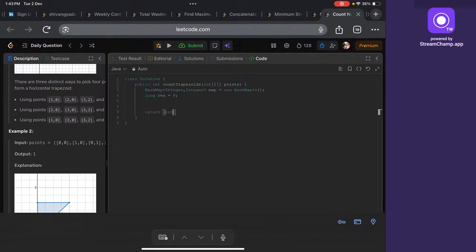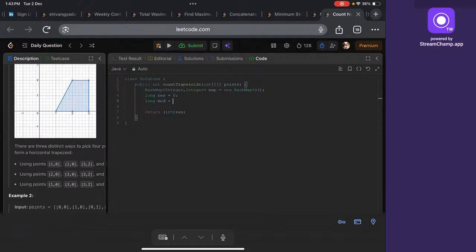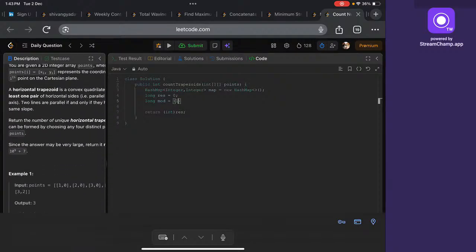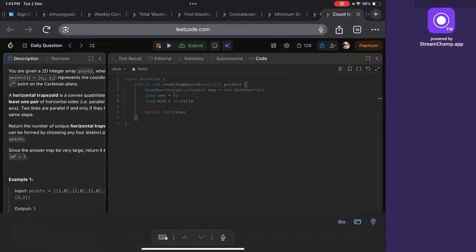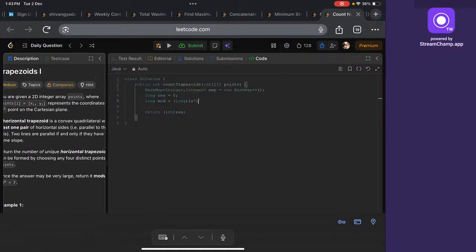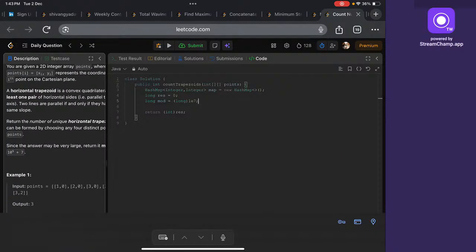We need an integer to be returned. Okay, and we need a mod. We need to mod the result with 10 to the power 9. It will be long 1e9 plus 7, 1e9 plus 7l.